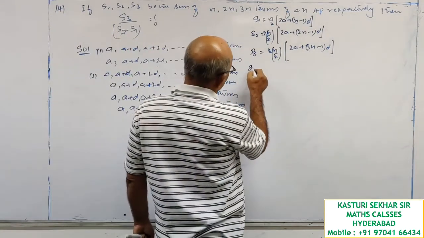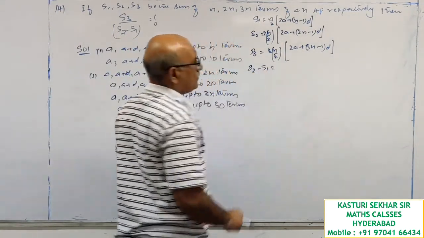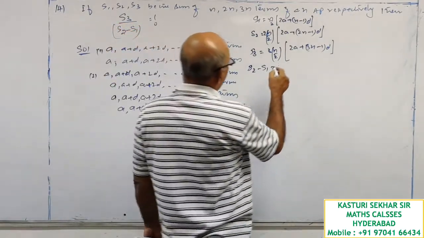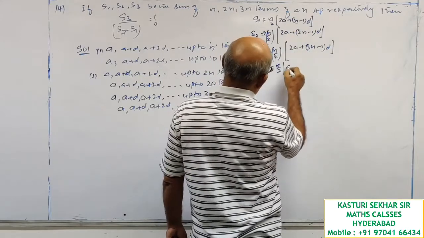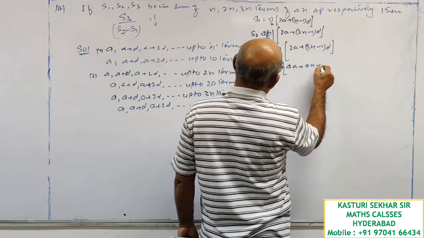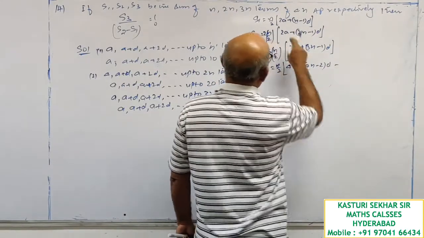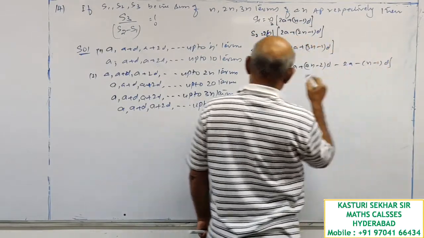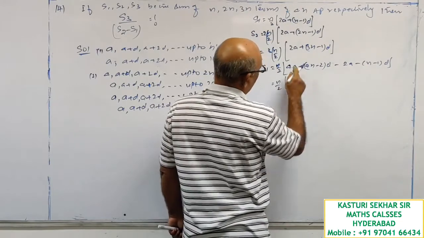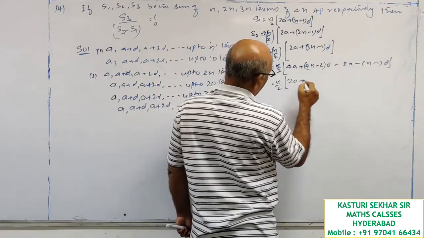Now, S2 minus S1. N by 2 I can take common. Take 2 inside. This is 4a plus 4n minus 2 into d minus 2a minus n minus 1 into d. N by 2 into 4a minus 2a is 2a.